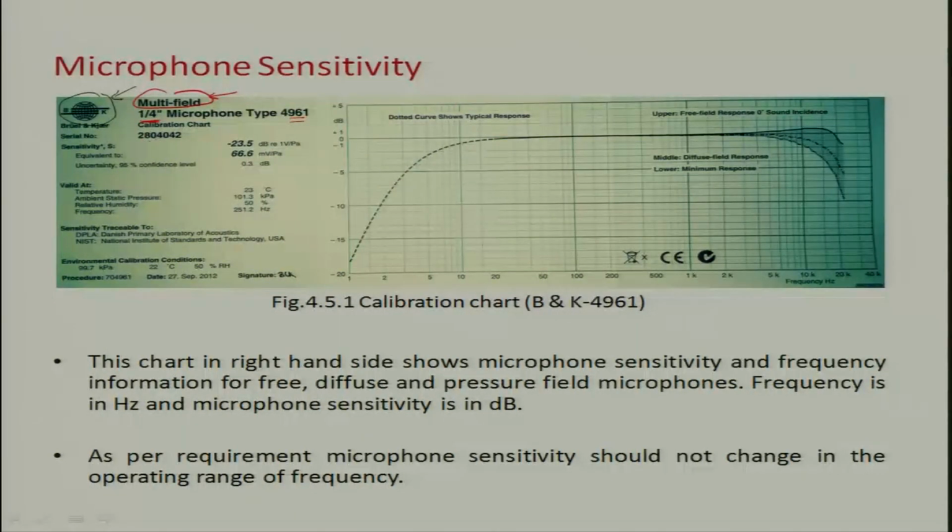Then of course, there is a serial number for the microphone, and it says that its sensitivity is equal to minus 23.5 decibels. We had mentioned that LS equals whatever, but we also have to specify the value of Y ref. The reference is mentioned here: reference equals 1 volt per Pascal. So, LS equals minus 23.5 decibels if we use a reference such that it produces 1 volt for each Pascal.